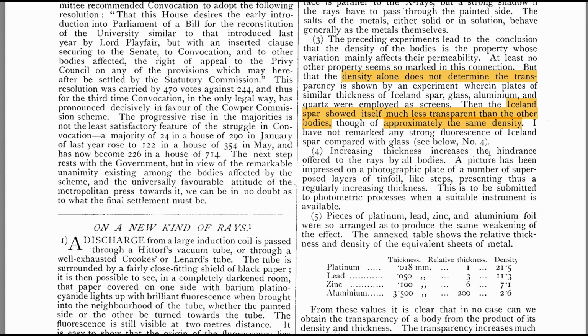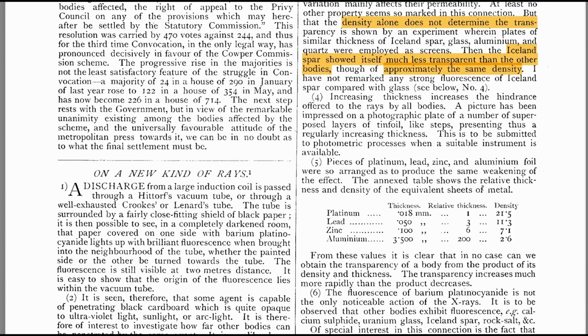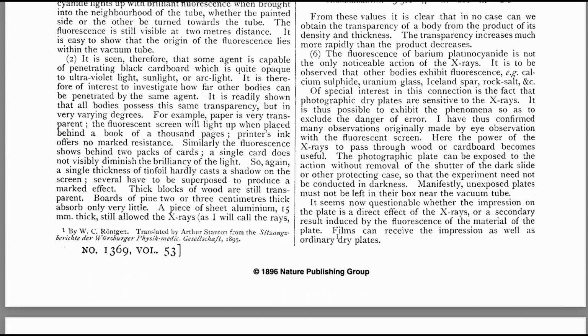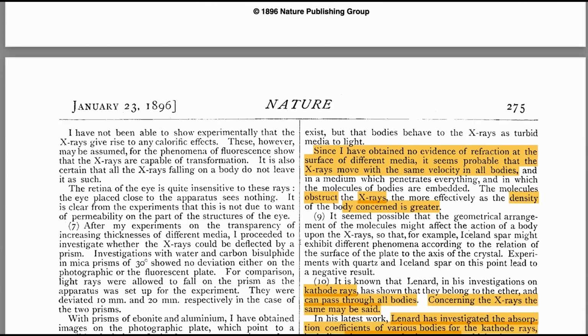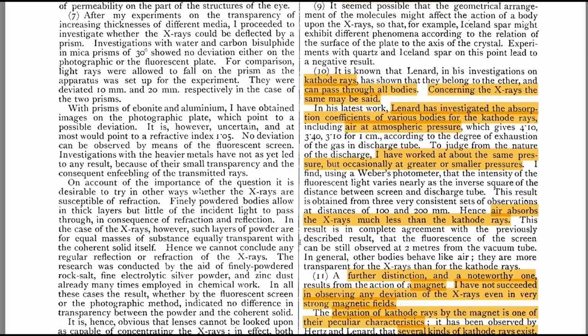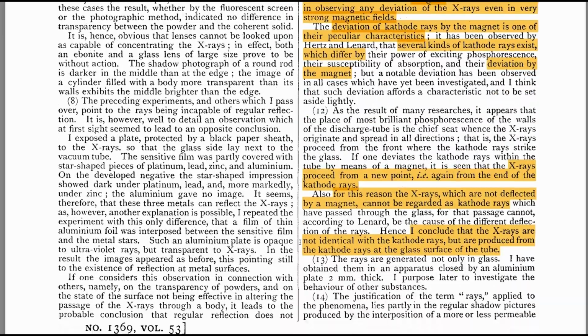After he discusses the density and the permeability of the X-rays on several different materials, he talks about the potential refractions that different materials can cause the X-rays to perform. The whole left side of this journal talks about the refraction of X-rays in different materials.